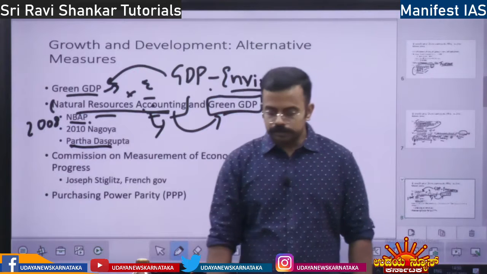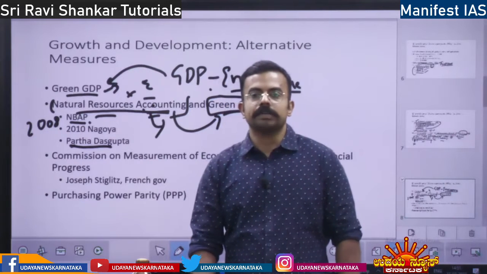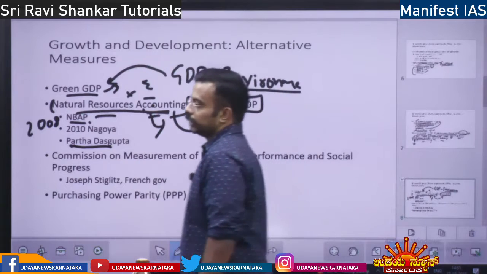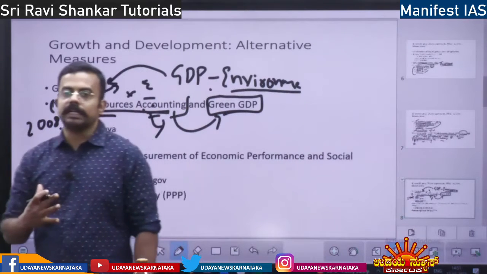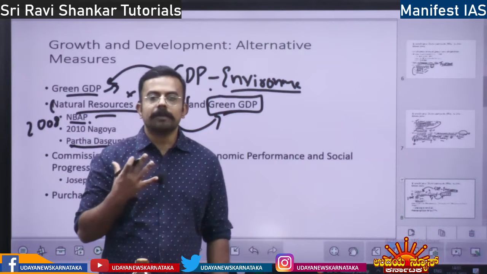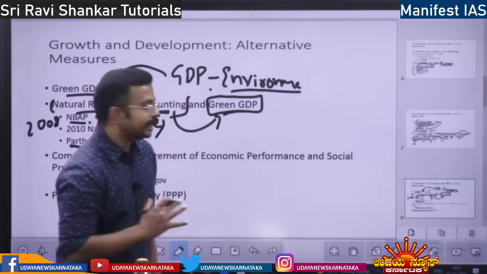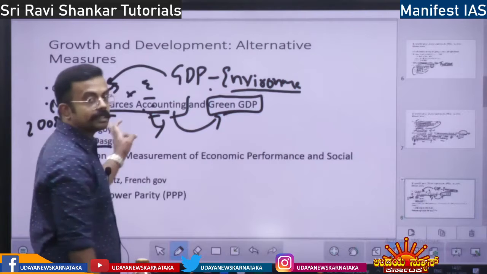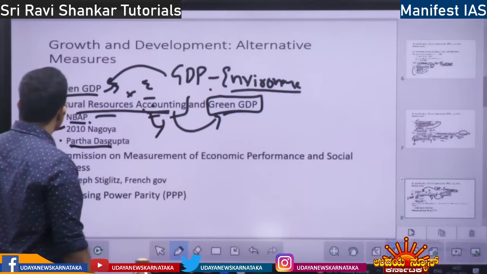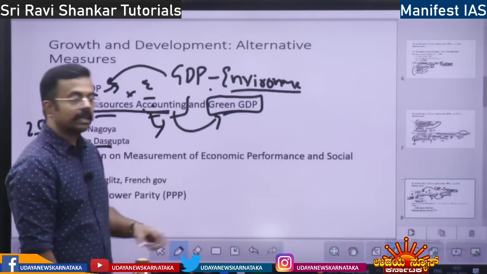National Rashtriya Biodiversity Jeeva Vaividyate Action Plan. Whatever plan we are making to protect and safeguard it, that is the National Biodiversity Action Plan. Clear? So we give it in 2008.